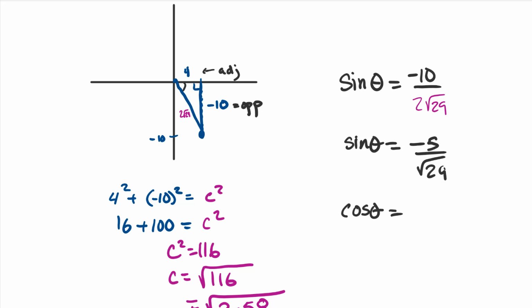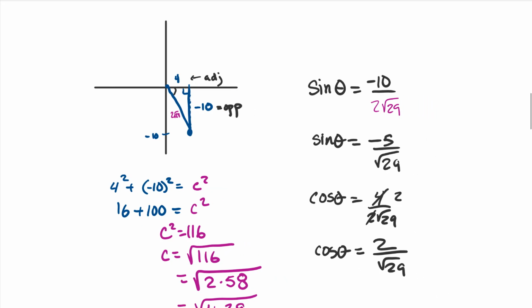All right, now let's go get our cosine, which is going to be 4 over 2 root 29, and we're going to do the same thing. We're going to cut those two things in half. We get the cosine of theta is equal to 2 over root 29. Well, this is sweet.